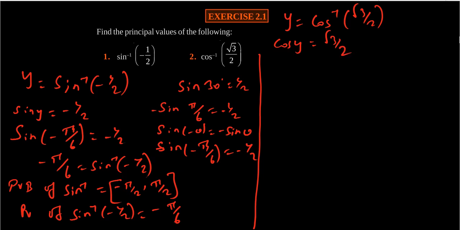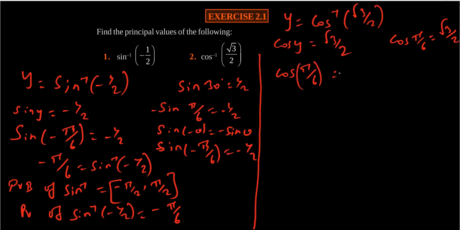So, cos pi by 6 is root 3 by 2. Pi by 6 is nothing but 30 degree. Cos 30 is root 3 by 2. It is positive only, so we can substitute directly. So, cos pi by 6 in place of y, pi by 6.